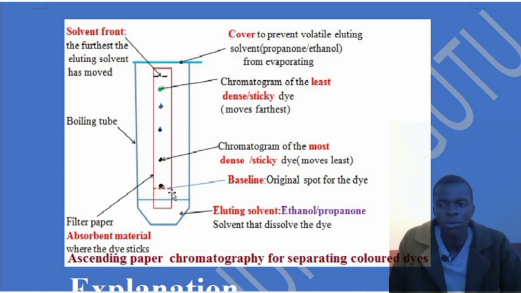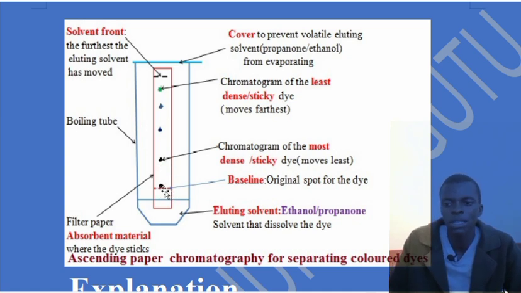When a spot is nearer to the baseline, it will be dense and sticky. The least dense and sticky pure dye moves farthest. Pure dye will produce the same chromatogram if the same eluting solvent is used on the same absorbent material.